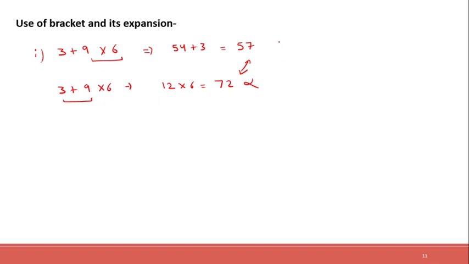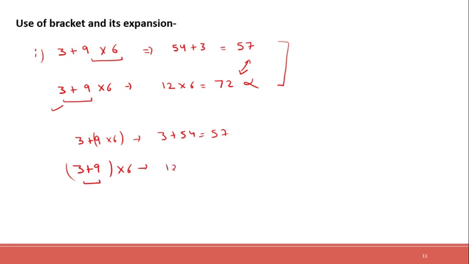So to avoid this confusion, what we can do is we can write it like this. Now it is correct, but here if I write it like this, then 9 plus 3, 12 into 6. That means 72. Now it is correct.